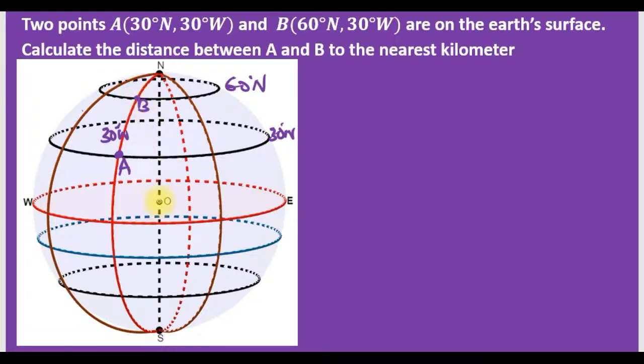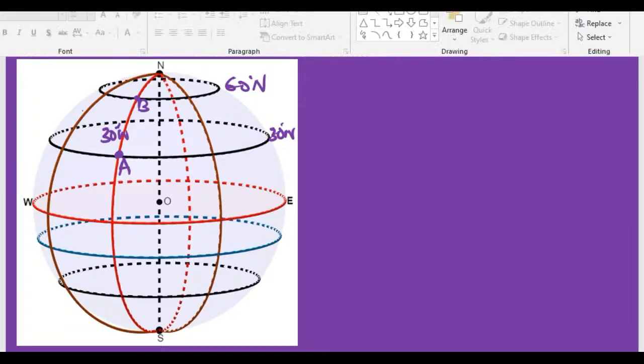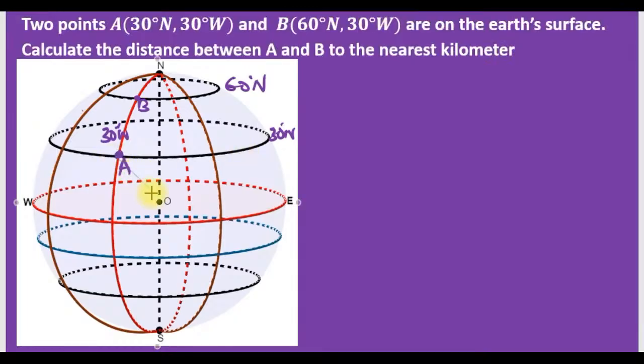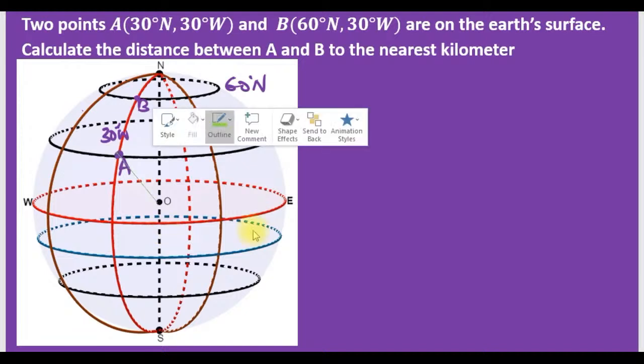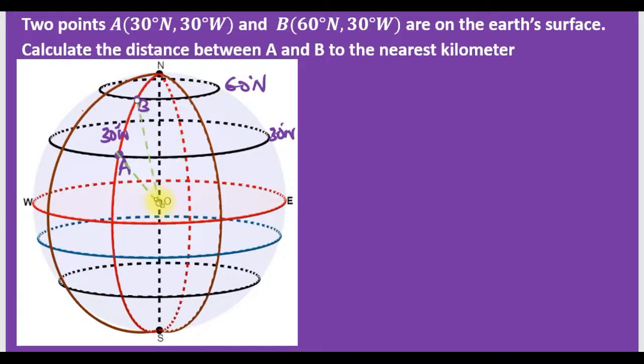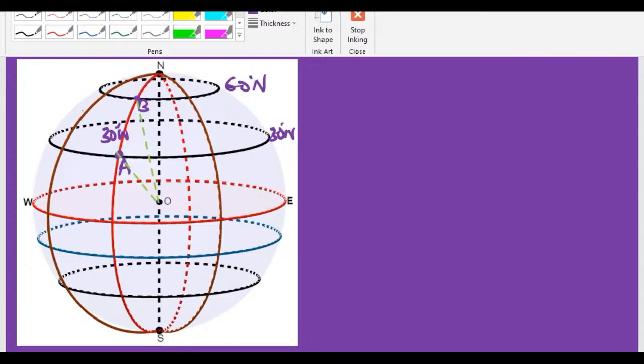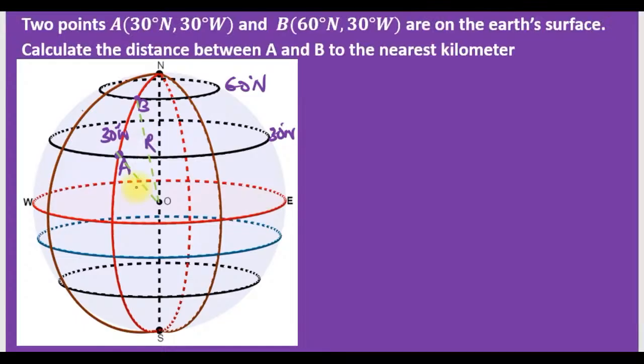This is my center, and if I join the radius, this is my radius. The radius is r and r. So let's get the angle.